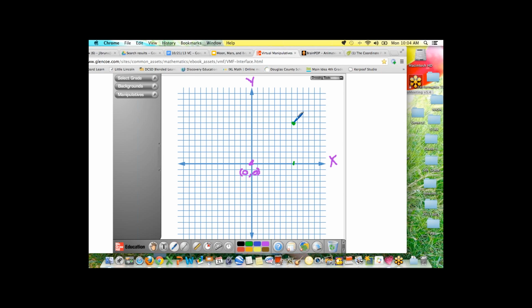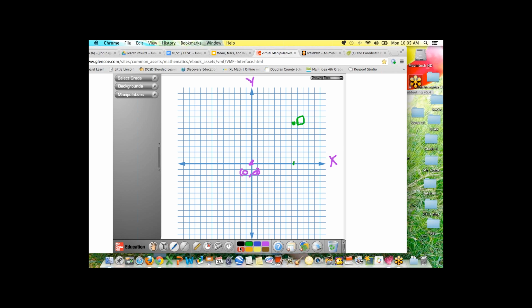Okay. So there's Denver. Hopefully I haven't confused you all too much. On your normal graph, obviously each square would count as 1. So this would be 1, this would be 2, this would be 3, and so forth. But because I have a small area to work with, I skip counted and said that this was 2, this is 4, this is 6, this is 8, and so on. All right, so here's Denver.